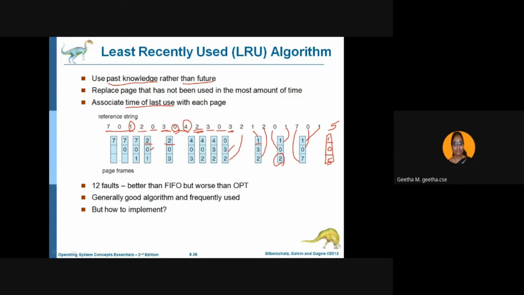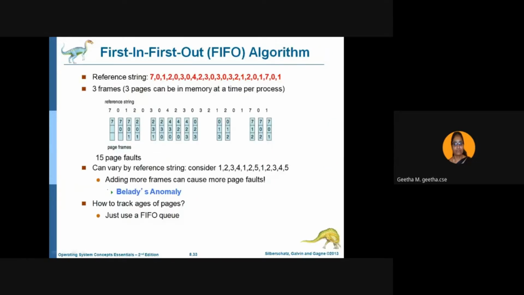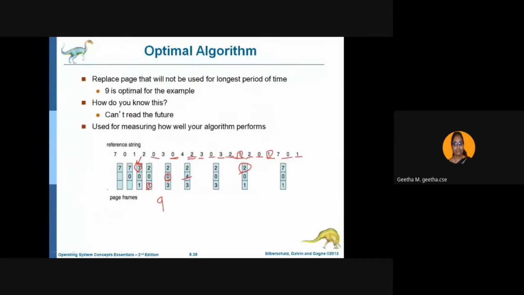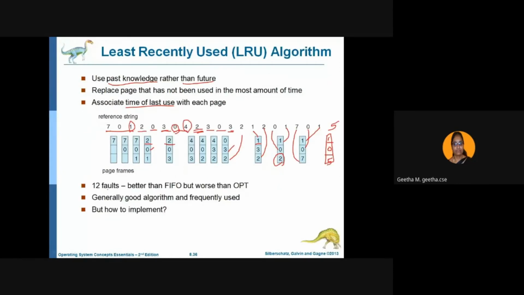If you consider the number of page faults, 1, 2, 3, 4, 5, 6, 7, 8, 9, 10, 11, 12. So 12 page faults have occurred. If you consider FIFO and LRU, FIFO has resulted in 15 page faults for the same reference string. Optimal is 9.